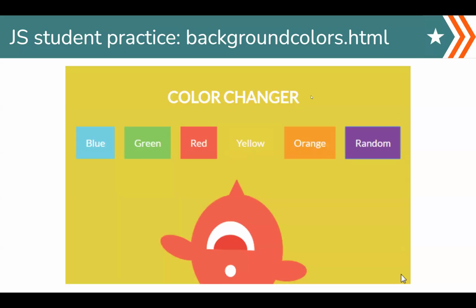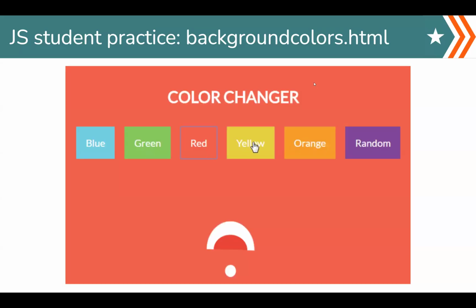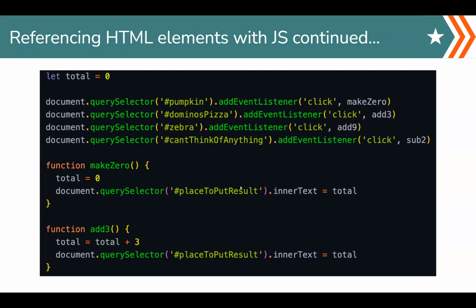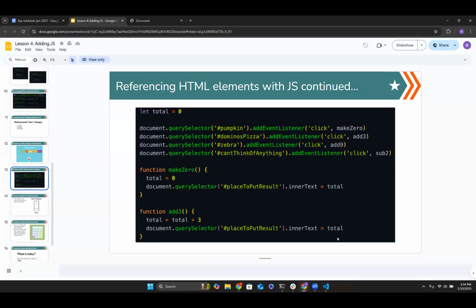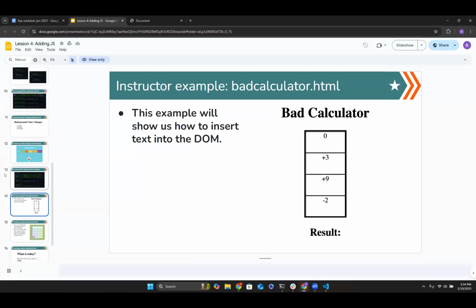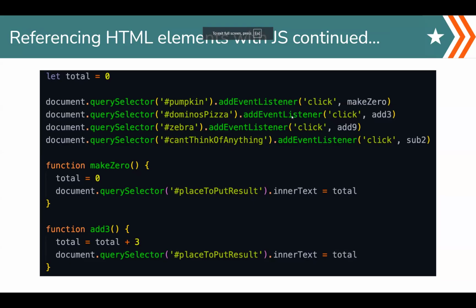Thank you. No problem. All right, so we're gonna go ahead and continue on with JavaScript. So that's gonna conclude the background colors.html. We're now gonna move into adding more functionality to our JavaScript and building onto the bad calculator. So here is the JavaScript continued.